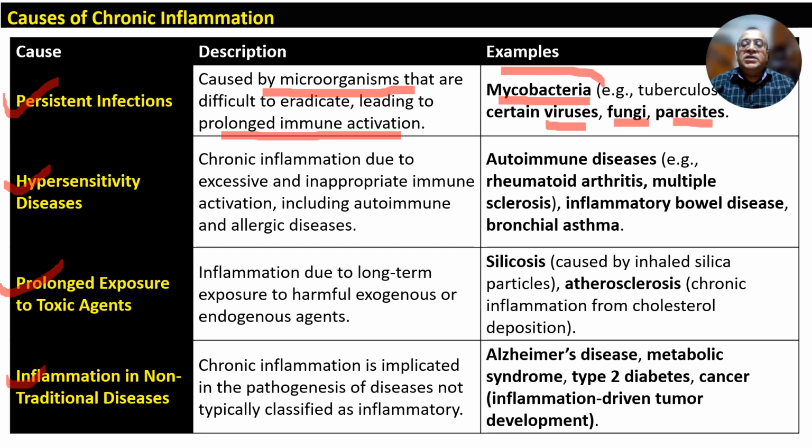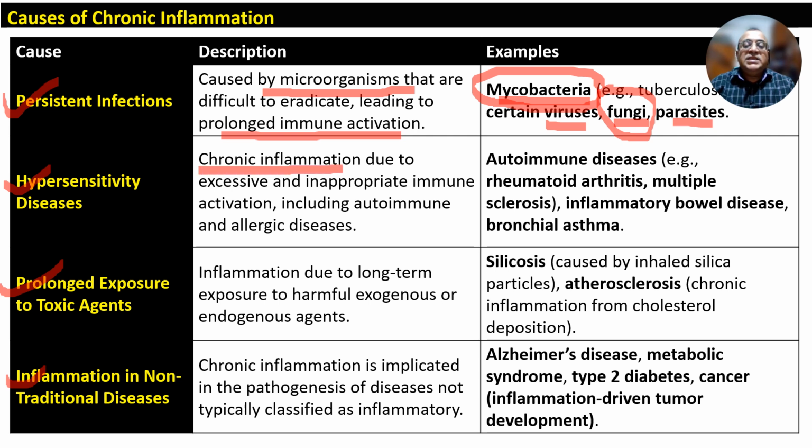In some of these conditions, especially Mycobacterium and fungi, they take the form of a specific pattern of chronic inflammation, that is chronic granulomatous disease, that we will study later. Then hypersensitivity diseases are also a setting in which chronic inflammation occurs.